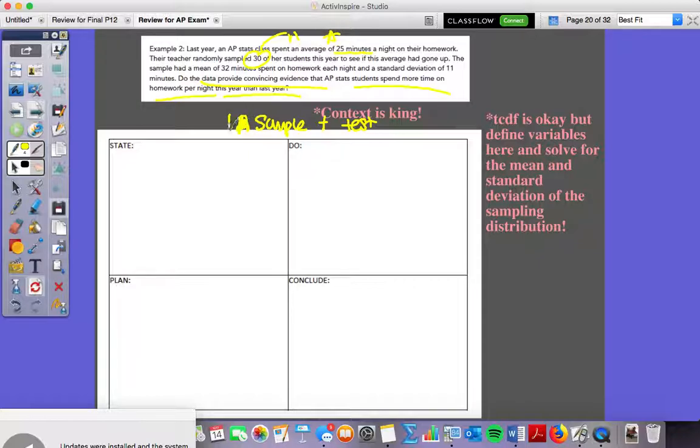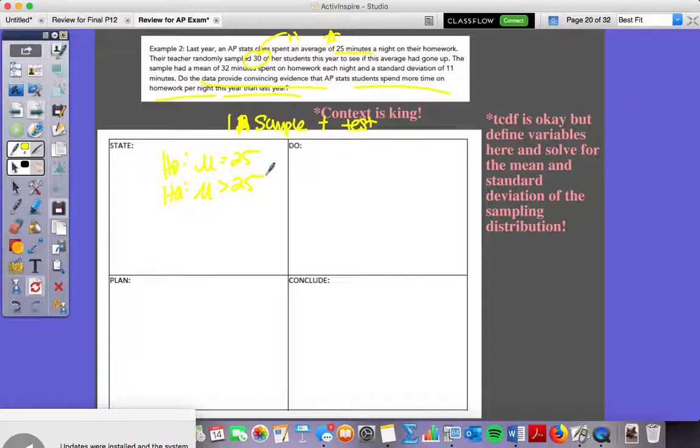But because we don't, we'll just simply do one sample, where the null would be that mu is equal to 25 minutes, and the alternative would be that mu is greater than 25, where mu is the true mean time spent on homework for the second year. Okay?